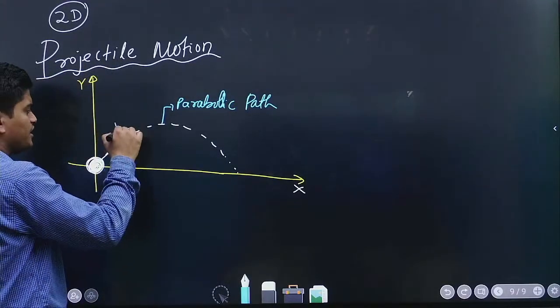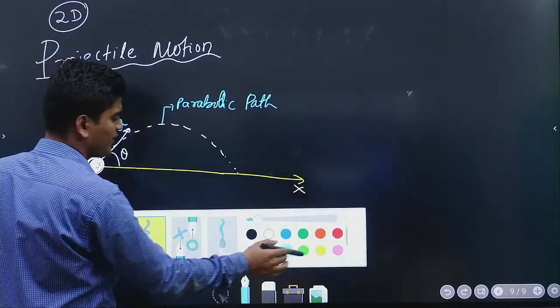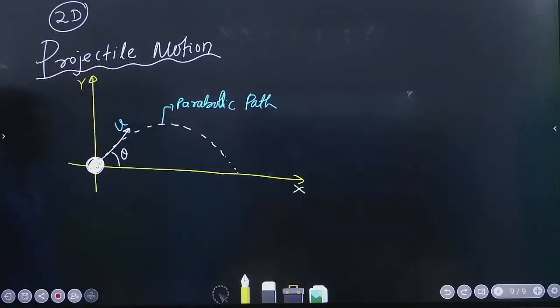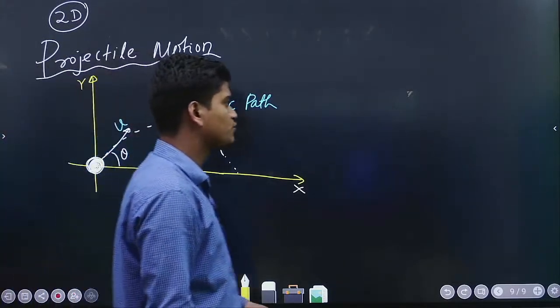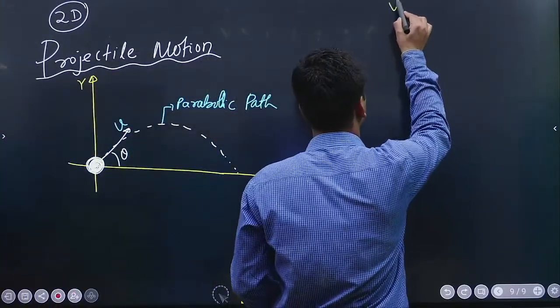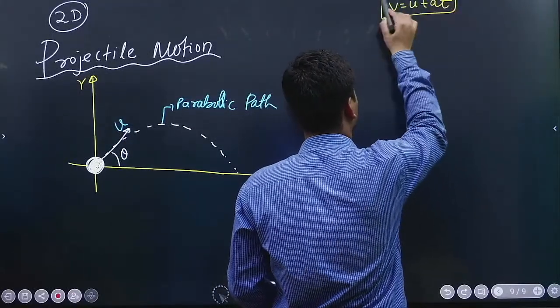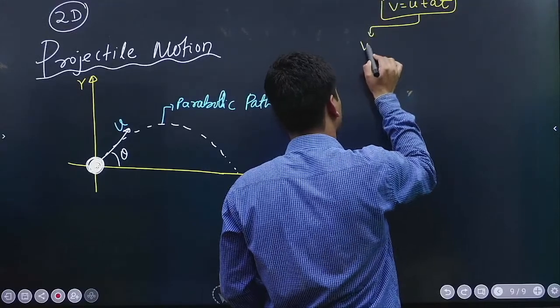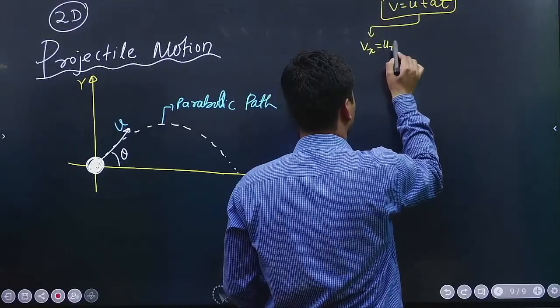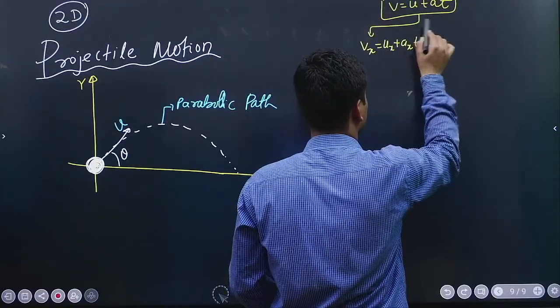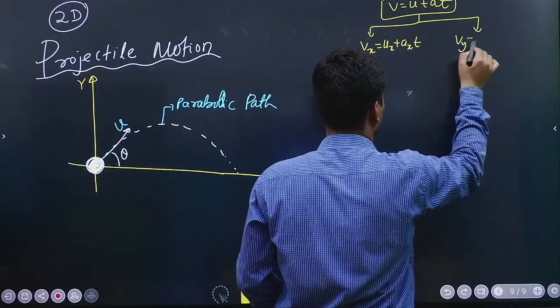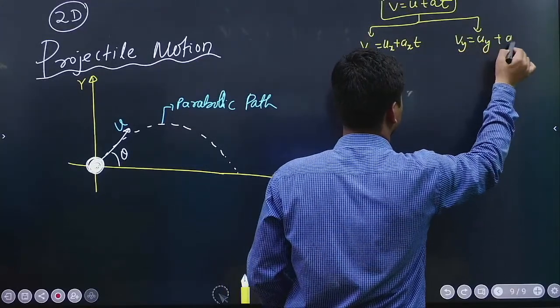And here the initial velocity is given. There are many things you can calculate here, by taking the help of kinematics equations. I told you if v equals u plus at, then the same equation I can write in two ways: vx equals ux plus axt, and also vy equals uy plus ayt.